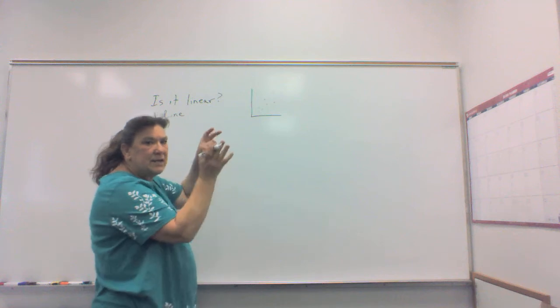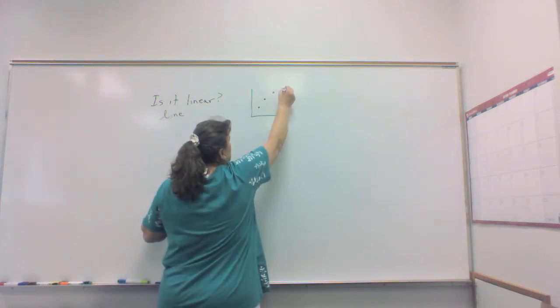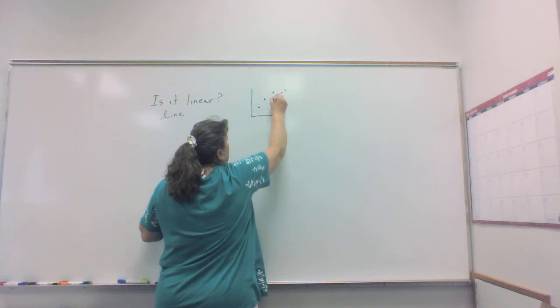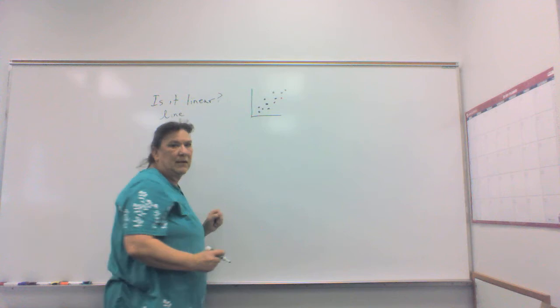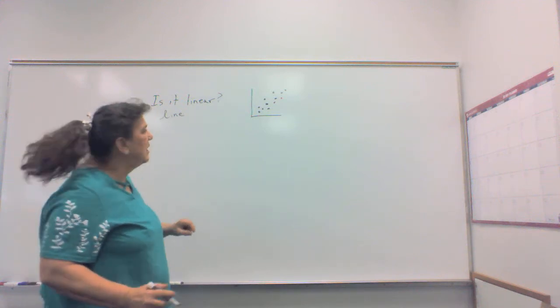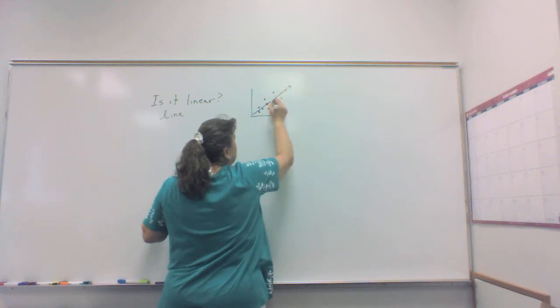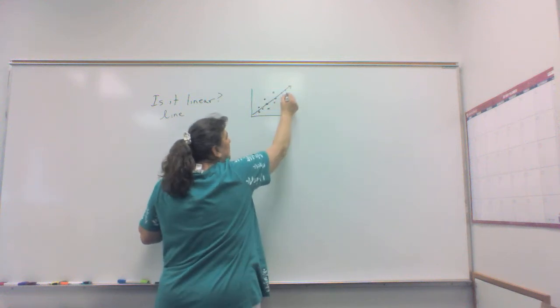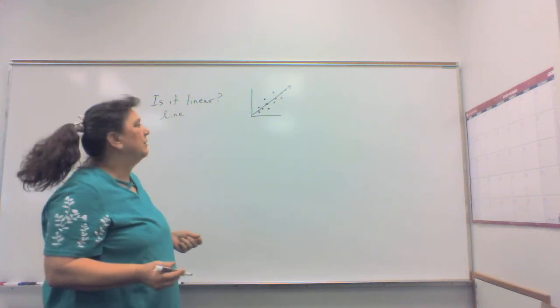Your data's kind of grouped in the middle. I bet you can't quite see that. Let me make my dots bigger. Okay, so now you can see those dots. If we were to draw a line through that, you can see we have just about the same number of points above and below that line. So that would be linear.